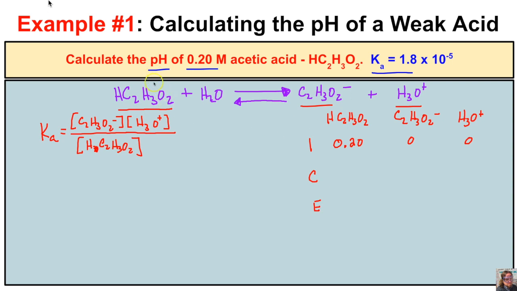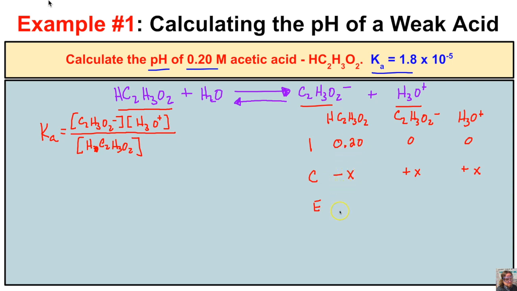What's going to end up happening is that this is going to react with water, so there's going to be a change in concentration, and we can label this as negative X. And we can label it over here as positive X. So what is the equilibrium concentration going to be?